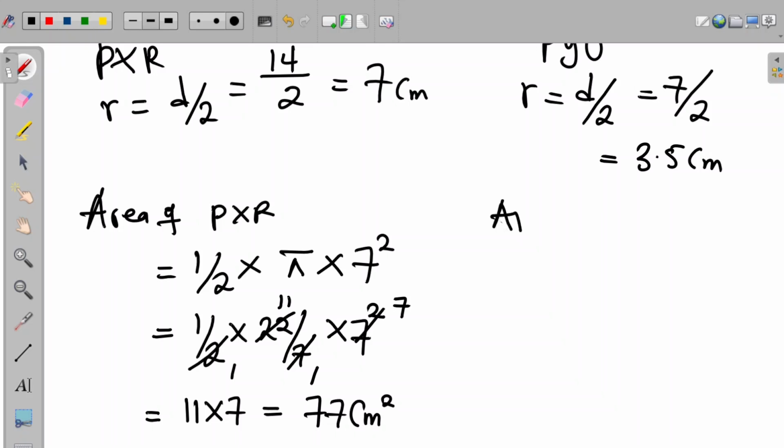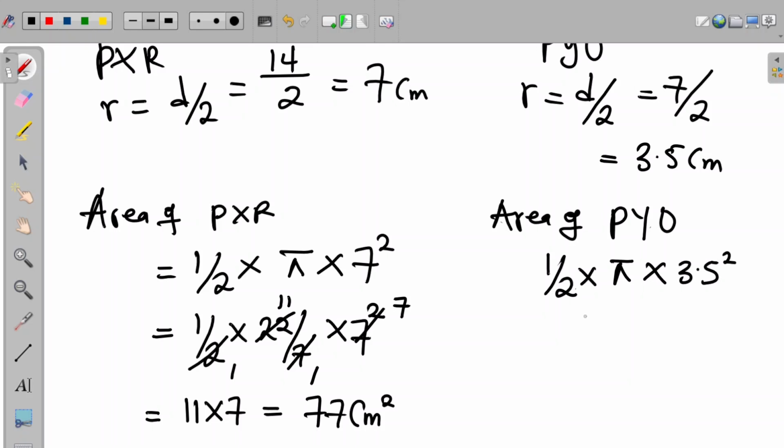Also, area of PYO is giving us 1 divided by 2 multiplied by pi times 3.5 all squared. So we have 1 divided by 2 times 22 divided by 7 times 3.5 squared. So if we simplify at this point, 2 cancel itself, we have 1. 22 divided by 2 is 11.